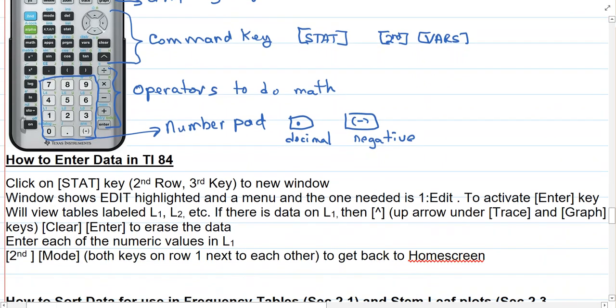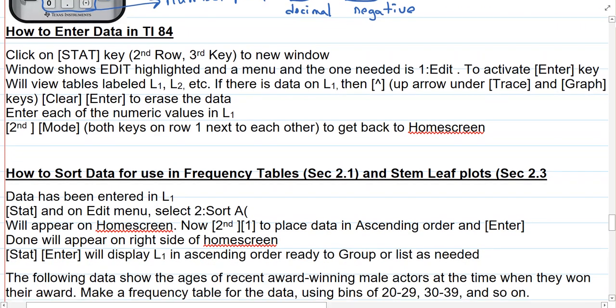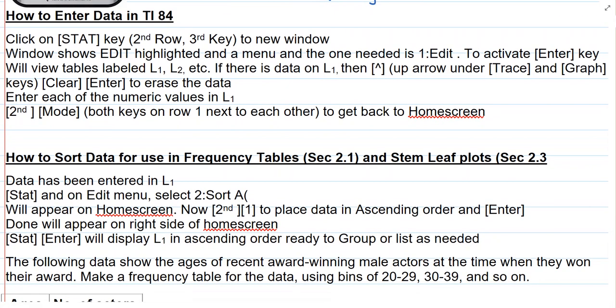So what we want to do is learn how to enter data. So you're going to click on the stat key, and that's the second row, third key, to a new window. Then you're going to see the window shows edit highlighted and a menu, and the one needed is number 1, edit. So you need to hit the enter key. You will view tables labeled L1, L2, etc. to L6 in some cases.